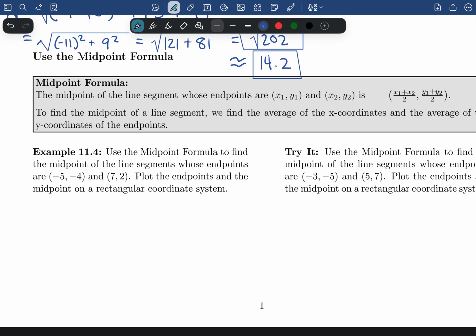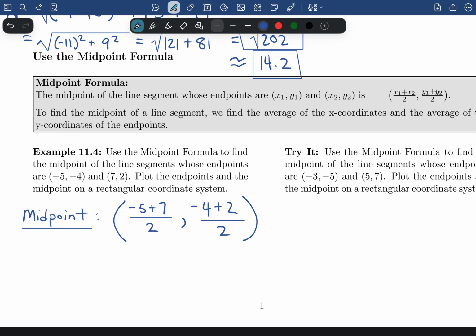My goal in finding the midpoint is to take the sum of the x values, that's -5 plus 7, and then divide that by 2 to find their average. And then take the sum of the y values, that's -4 plus 2, and then divide by 2 to find their average.